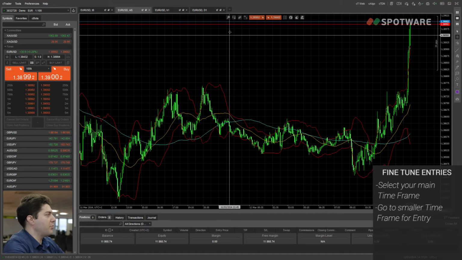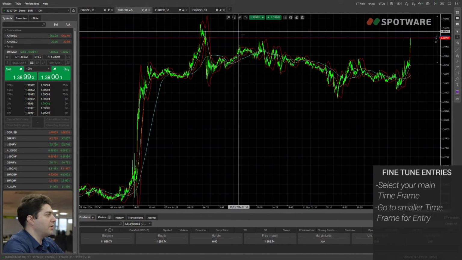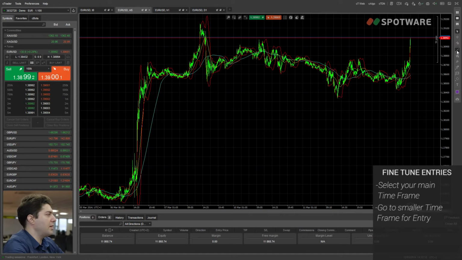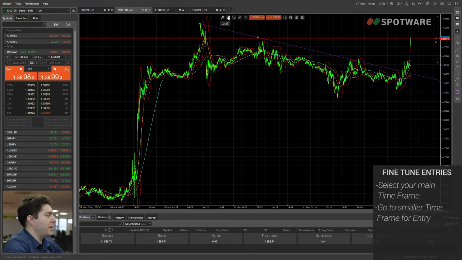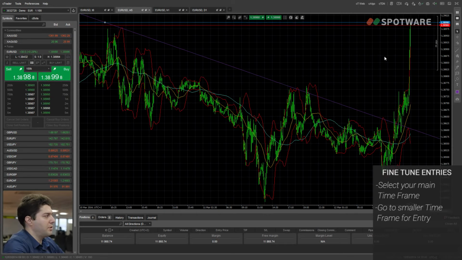We're going to find our support and resistance levels, or we're going to draw our indicators, or we're going to draw our trend lines here, and we're going to find the most appropriate place to enter. We're going to get the best price. This chart is not a good representation of what I want to show you, unfortunately, because the price is spiking, but anyway, you get the idea.